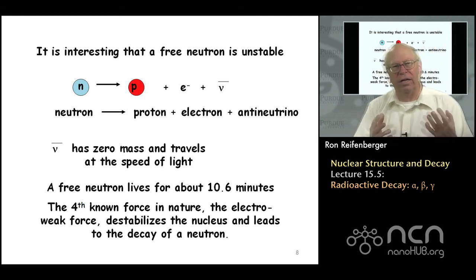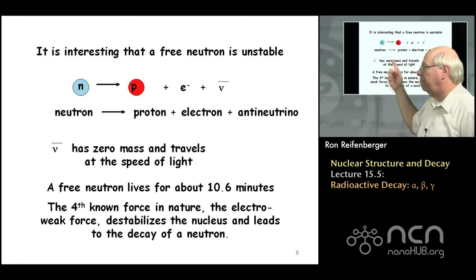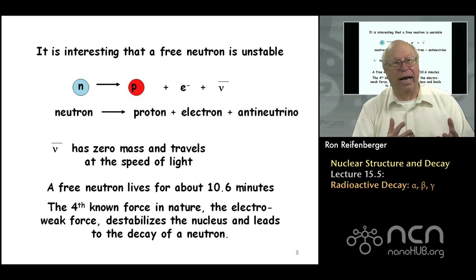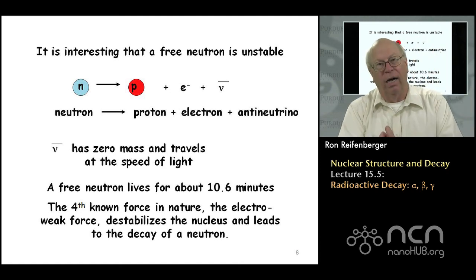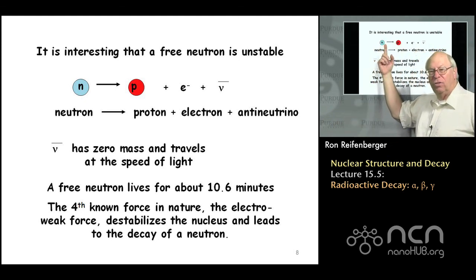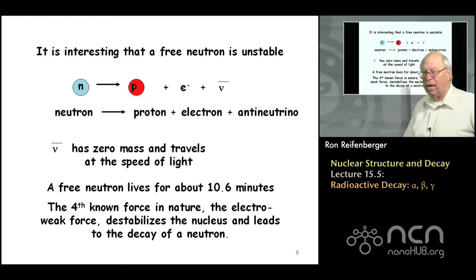The interesting question is, why does this neutron decay into a proton plus an electron plus this antineutrino? The answer is the fourth known force in nature, called the electroweak force. It destabilizes this neutron and leads to this decay into the proton.